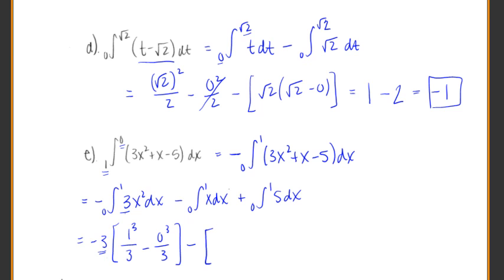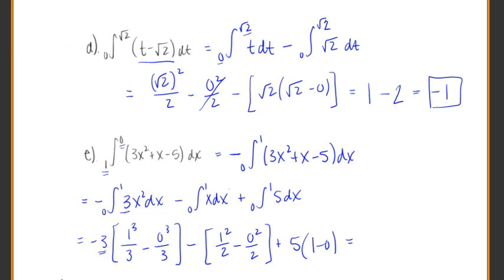And then minus, here's that typical x dx, so we're just going to use the upper bound squared over 2 minus the lower bound squared over 2. And then this one is the one we just used on example D, that middle one, where it's our c value, so it's 5 times 1 minus 0.